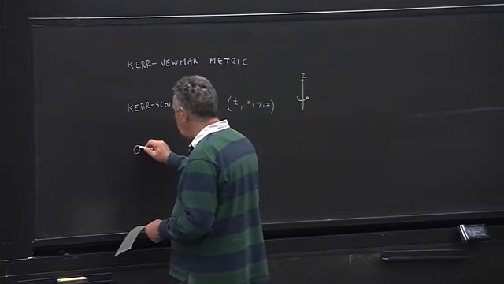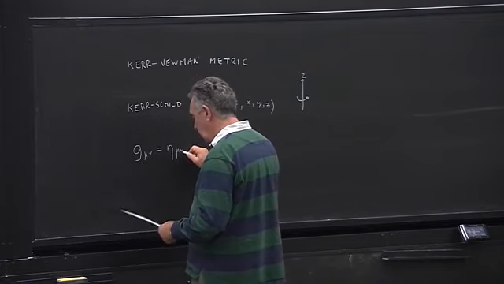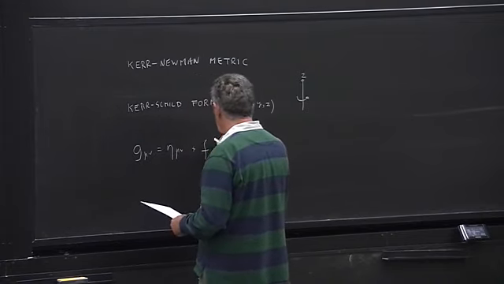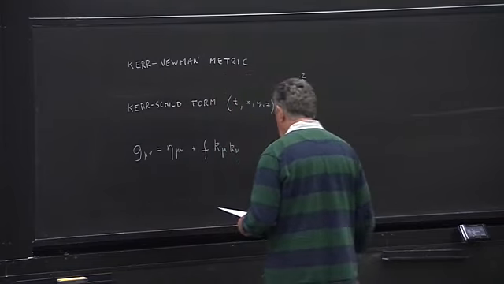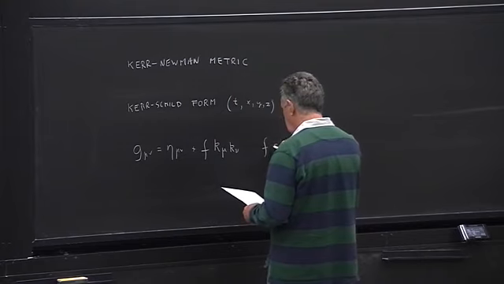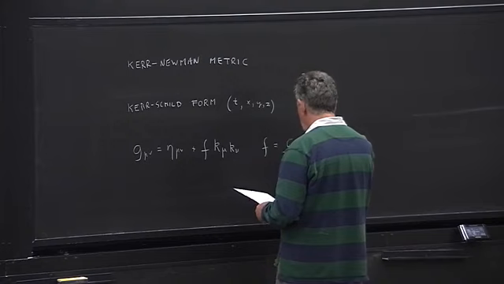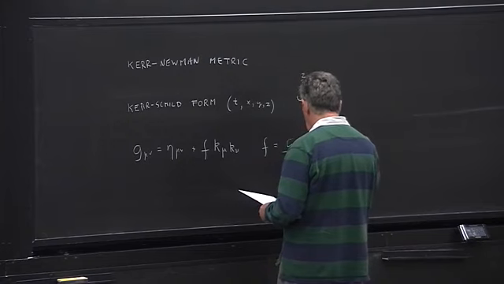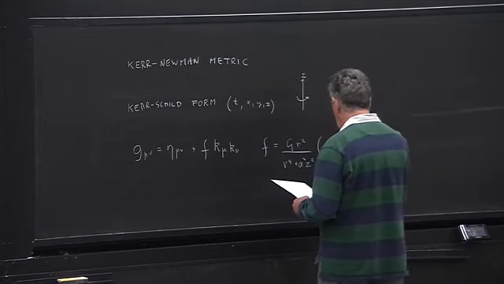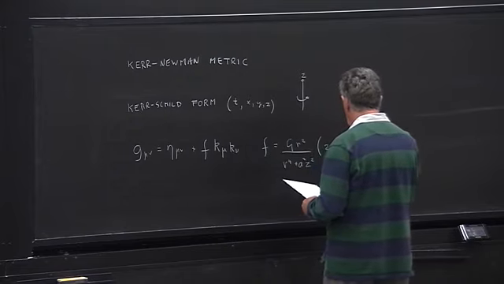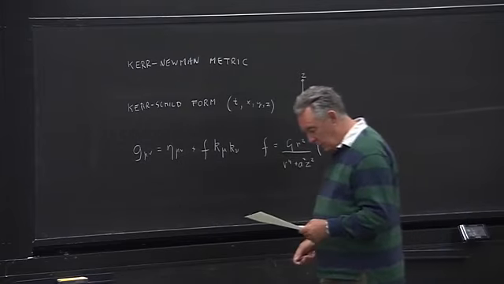And let's do the metric first. It can be written as eta mu nu plus f k mu k nu, where f is G r squared over r to the fourth plus a squared z squared into 2mr minus q squared. And r squared is not what you think.